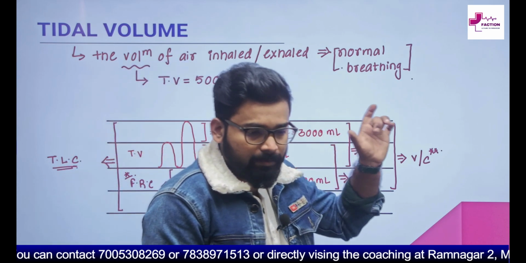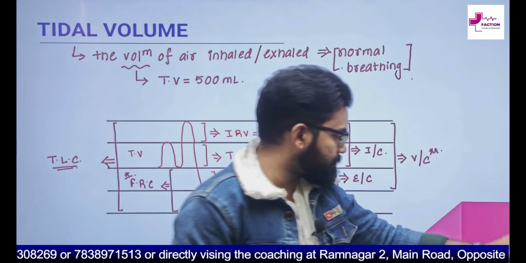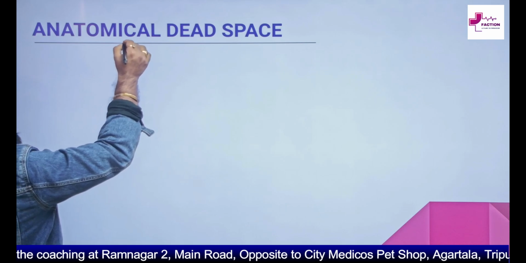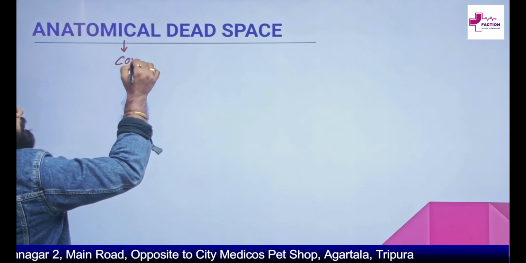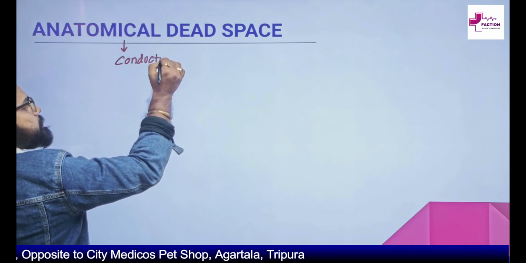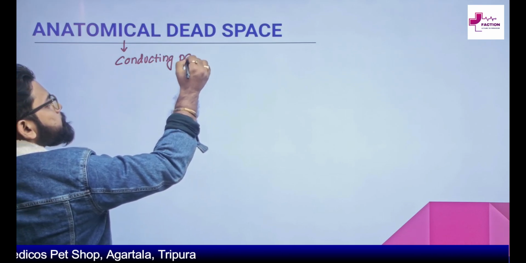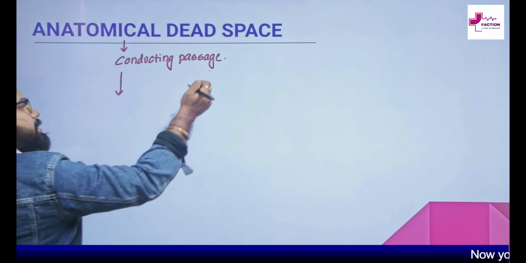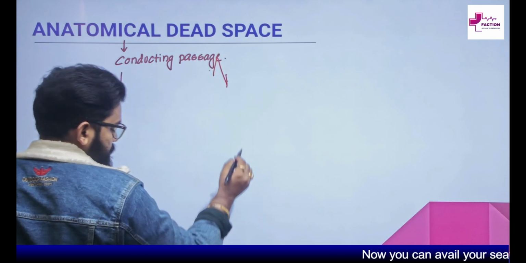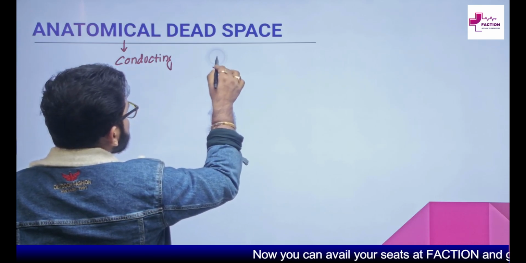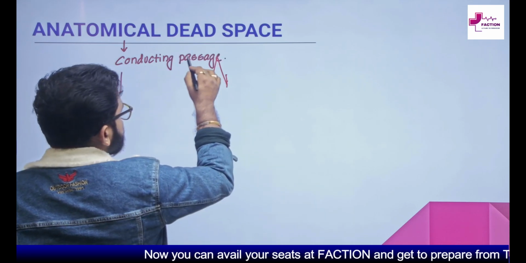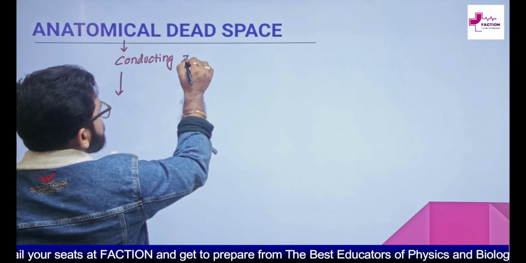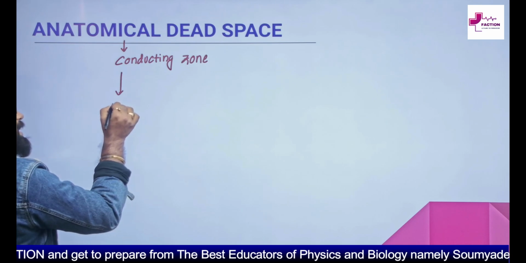Now, let's dig into our main topic, that is anatomical dead space. First, you know that in respiration there is a conducting passage, or you can say a conducting zone, followed by an exchange zone.